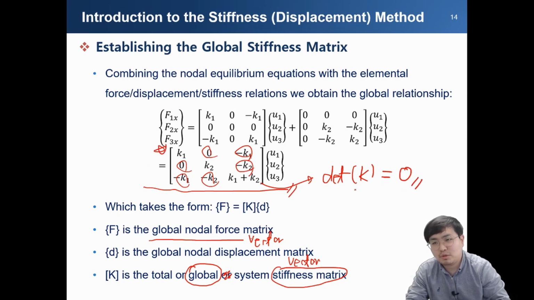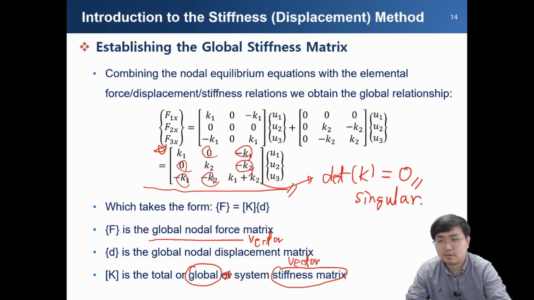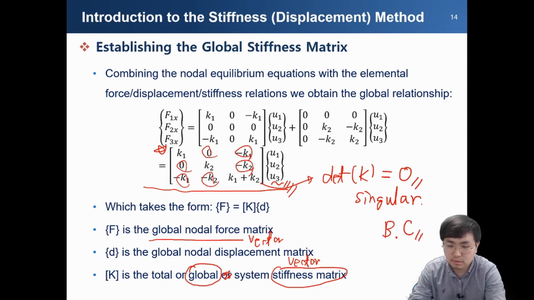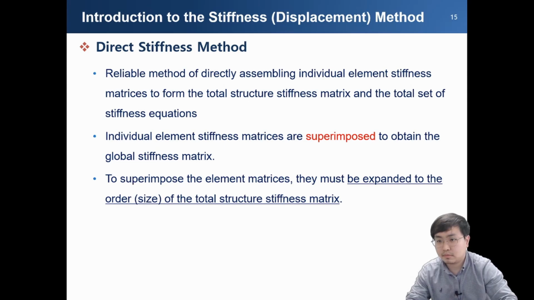This means that this global stiffness matrix is also singular. So to obtain the solution of the displacement vector, we need some special boundary condition.